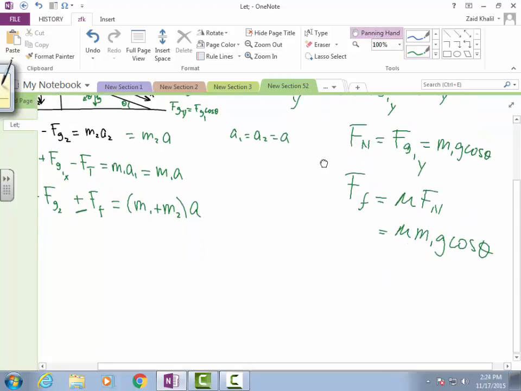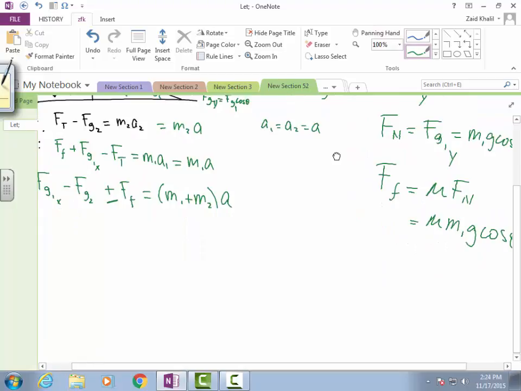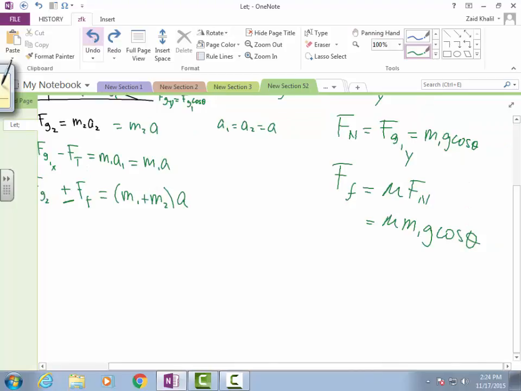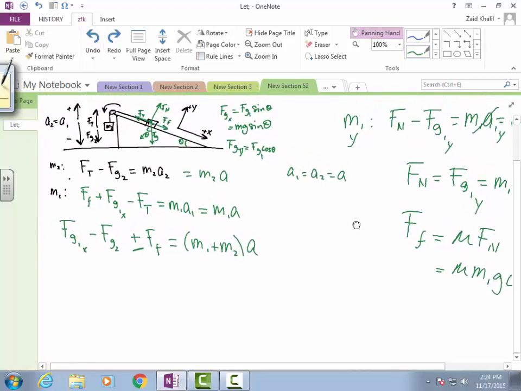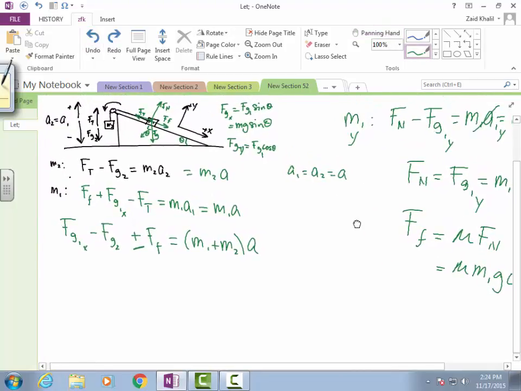Oh, now I feel like I'm running out of time. Likewise, what is... Now we can actually begin subbing in. Fg1x is equal to what? M1g sine theta.